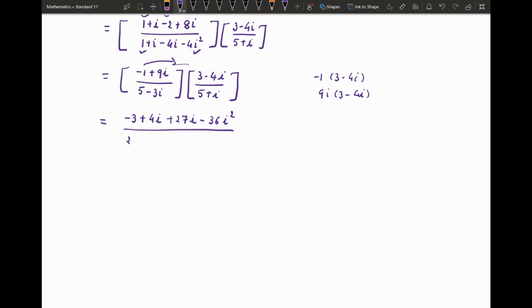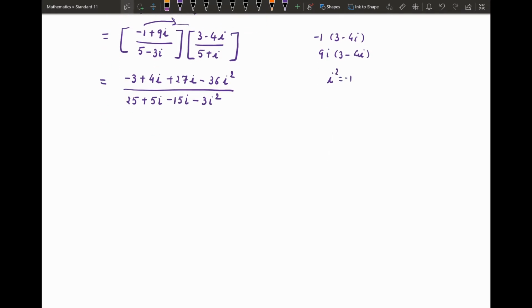5 into 5, 25 plus 5i minus 15i and minus 3i square, minus 3i into i. i square equal to minus 1.